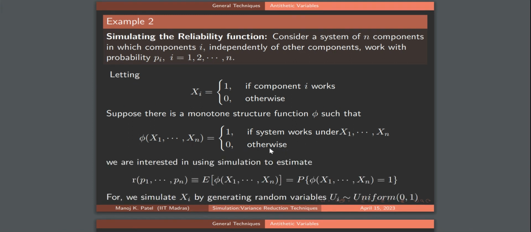So we are interested in estimating the reliability function. Getting the expected value of the structure function is not so easy in the traditional way.